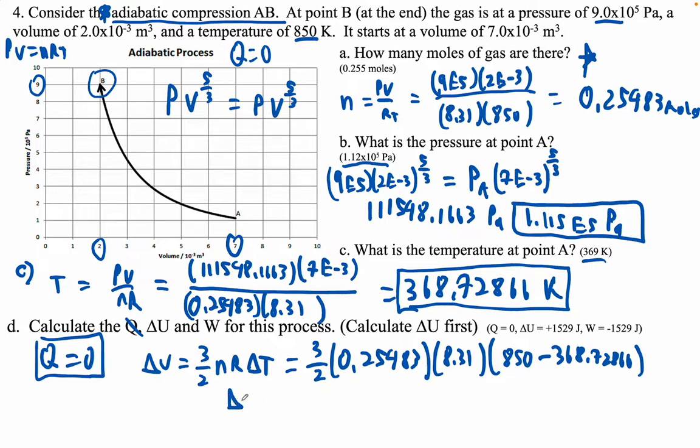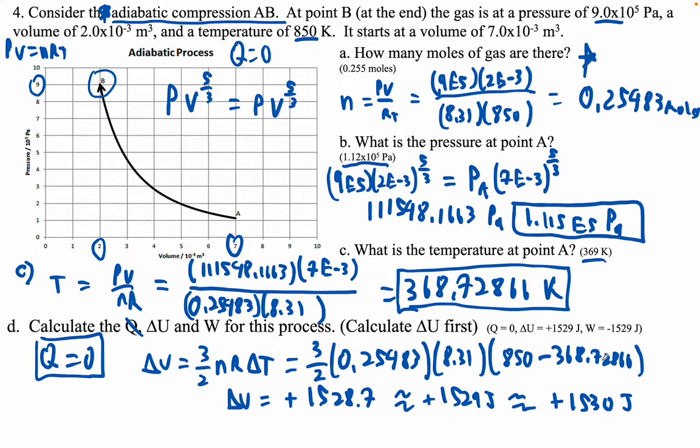Okay, so delta U is positive 1528.7, which is about, really I'd have to say 1530 with 3 sig figs, right? Okay, it's a positive 1529 joules, which really is about positive 1530 joules, is really what we should say, right?